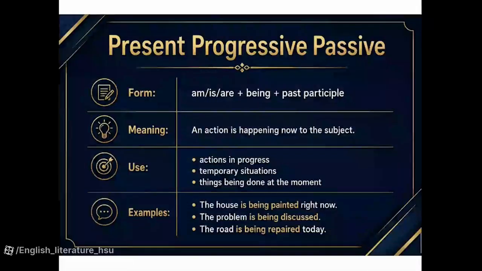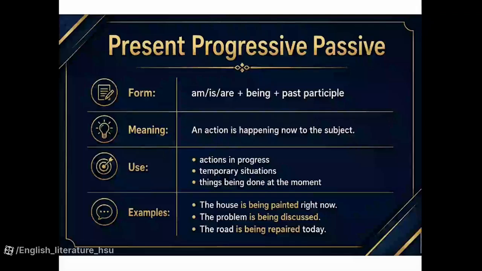Now let's look at present progressive passive. The structure is am, is, are, be verbs yes, plus being plus past participle. It means that an action is happening now to the subject, and we use this when the action is in progress or we have a temporary situation or things being done at the moment.